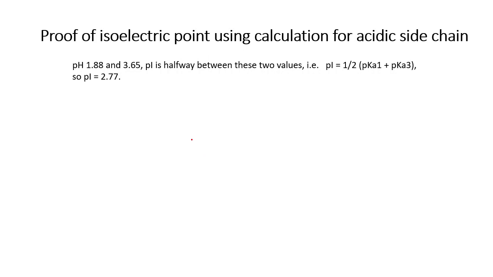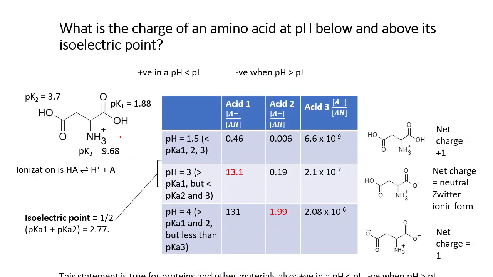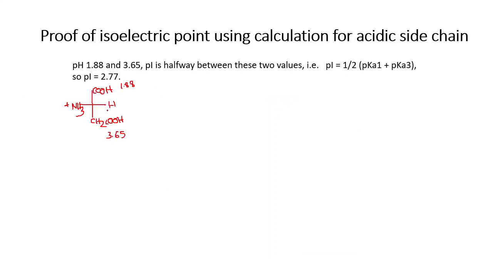Let's look at the structure of the aspartic acid. In aspartic acid, there is this NH3 plus, the alpha COOH, and this is CH2COOH, and this is H. This is the 1.88 pK, this is the 3.65 pK, and the amino group would be in the range of 9.68.